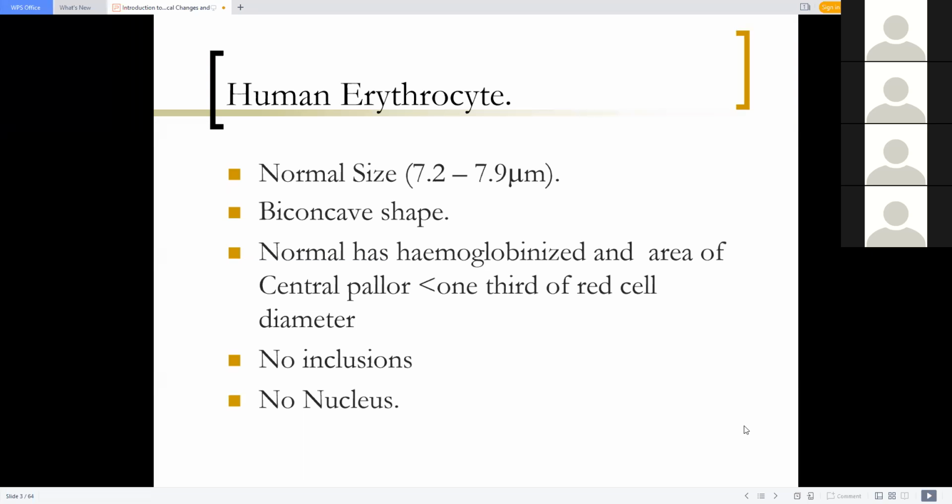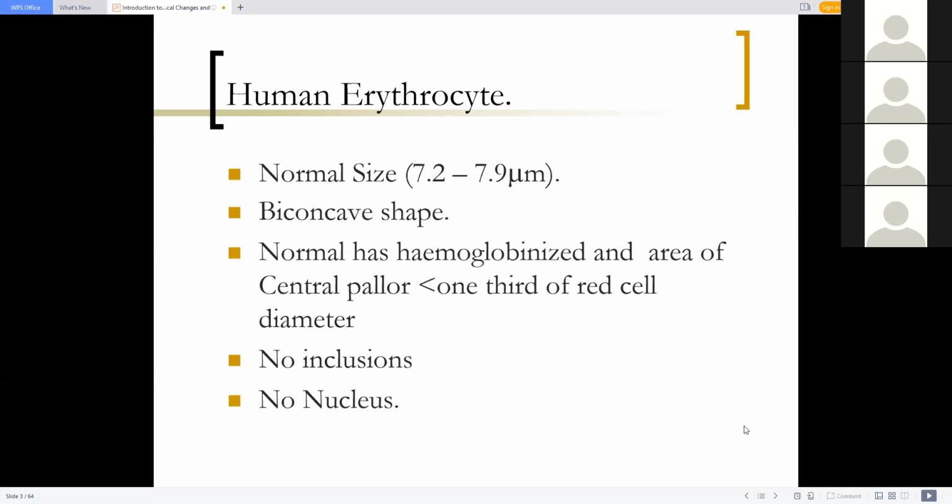And you've already been told that when it does this, it gives up the capacity to generate energy using the TCA cycle. So it gives up the nucleus, because you need the nucleus for the TCA cycle to occur. So the red cell gives up that, and it's got no inclusions and it's got no nucleus.